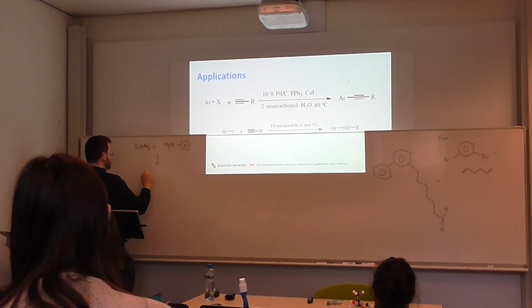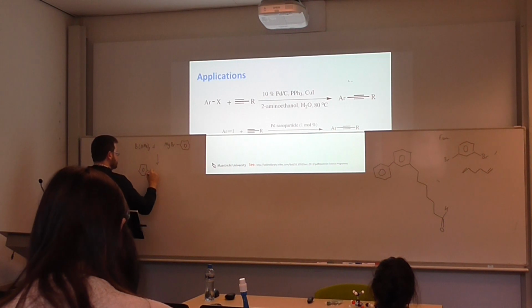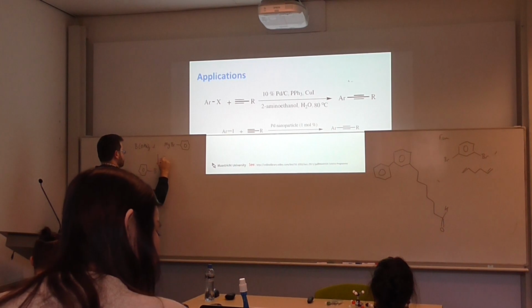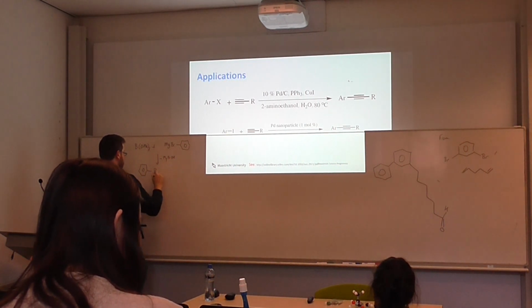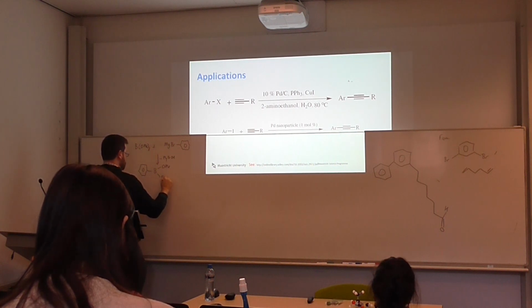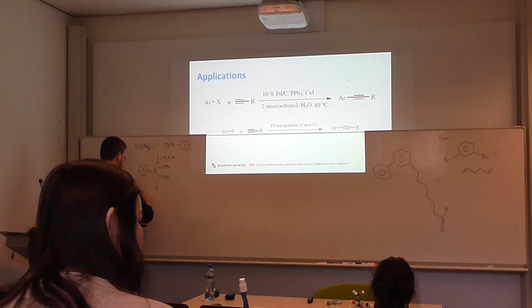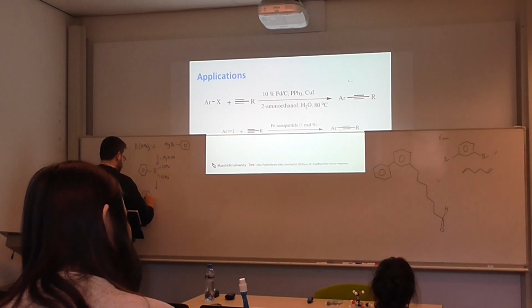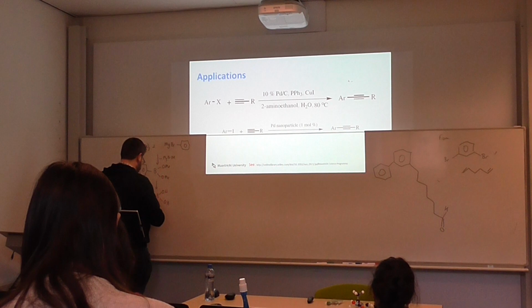Then we would get something like this, which can then readily be converted by a deprotection step to a boronic acid coupling partner. All right, so we've constructed that guy.